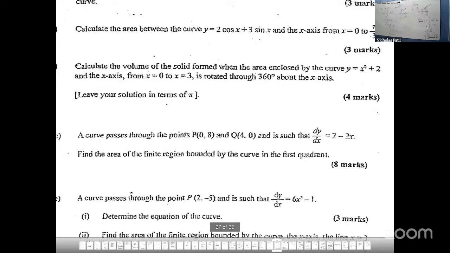Calculate the volume of the solid. Let me just highlight the one you're doing. That's 2012 number something, part, right?